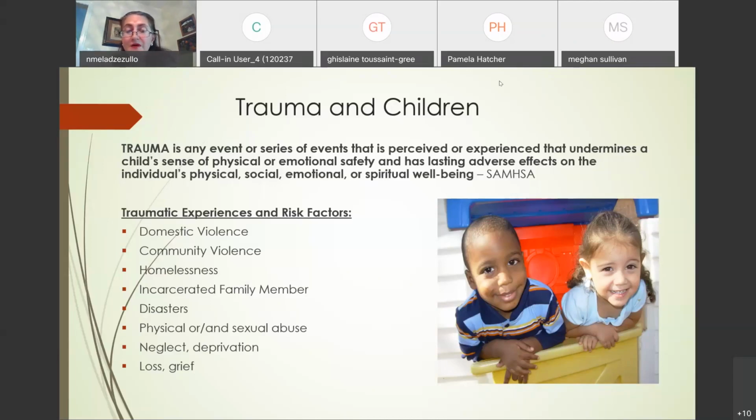An incarcerated family member, very often, especially now during COVID, we hear some of them are home and it's a totally different dynamic in the house. And of course, physical or sexual abuse, that's a huge trauma for the child. And neglect, deprivation, especially now because of COVID, lots of organizations and places are closed, and people are losing jobs.